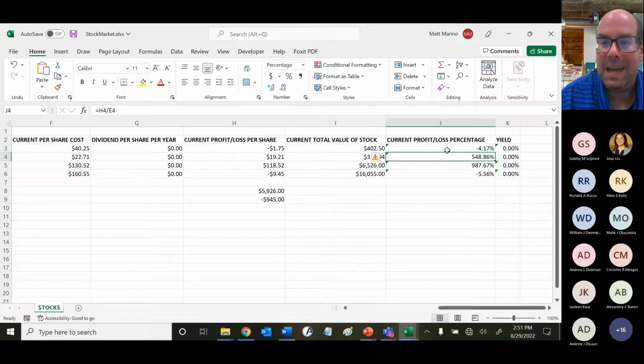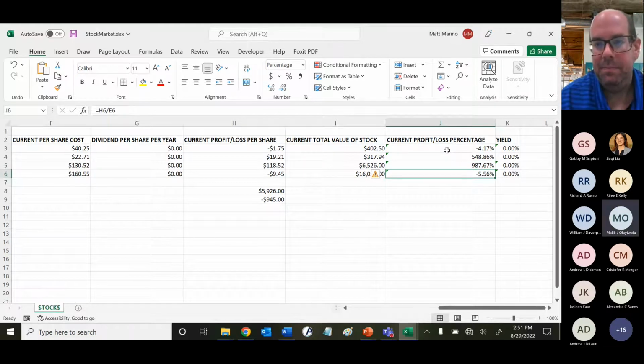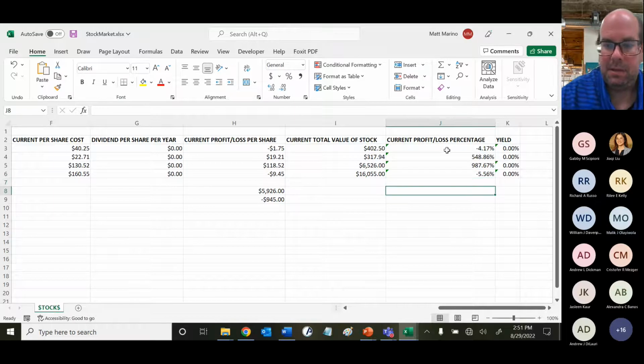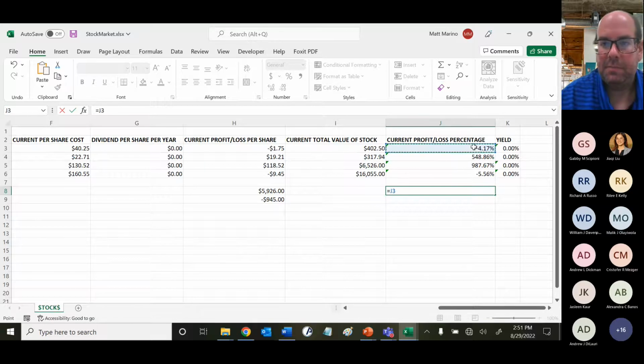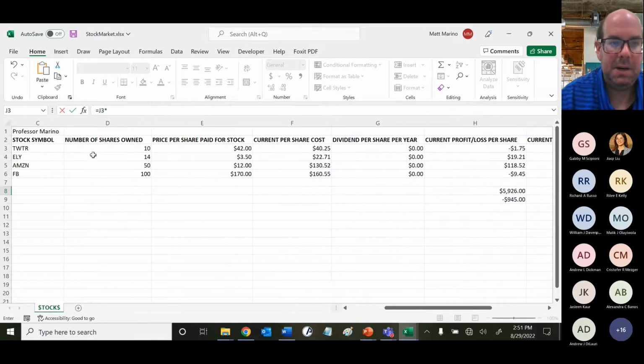Our Callaway, our golf equipment, is up pretty big. Our Amazon is up pretty big. And our Facebook is down. Again, if you want to calculate this for everything, you multiply it by your number of shares.